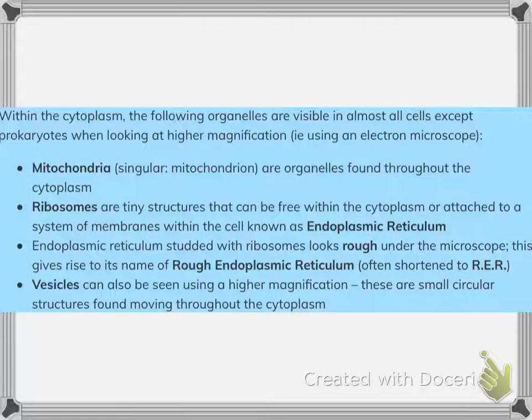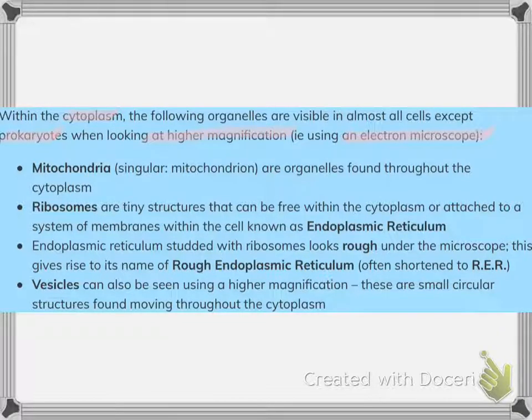So this is a pretty simple cell structure. Now there are more organelles which are visible in almost all the cells in the cytoplasm except prokaryotes. Looking at them at a higher magnification, you'll have to use an electron microscope.